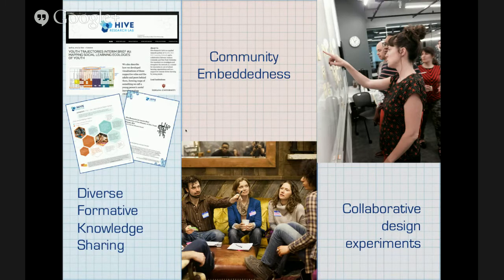Next, in the middle, is something we call community embeddedness. So we consider ourselves members of the Hive, and we participate in all the participation structures that the administrators of the Hive have put together. So we're on the community calls, we attend the community meetups, we try to attend the events that get shared around on our member listserv.